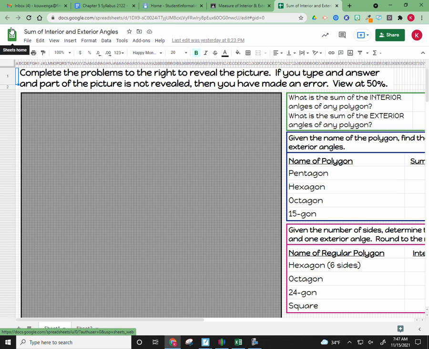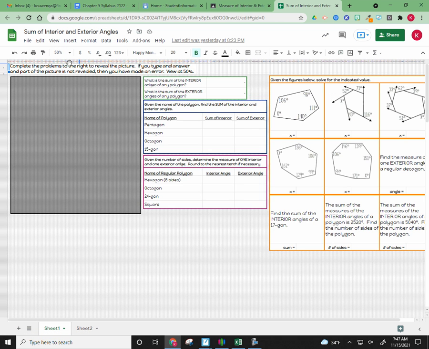I did say that you might want to put your view at 50%, because my screen's a little wonky compared to your screen. Okay, so I tried to build it to your screen, but I think you should still be able to read the questions. If you put in the right answer, part of the picture over here is going to be revealed. All right, so there's some drop-down menus, some here in the table, and then some here calculating missing angles. All right, so this is your homework. When you're done, just hit turn in. But again, if you don't see a part of the picture revealed, then you probably went wrong somewhere. Good? All right, go to it.